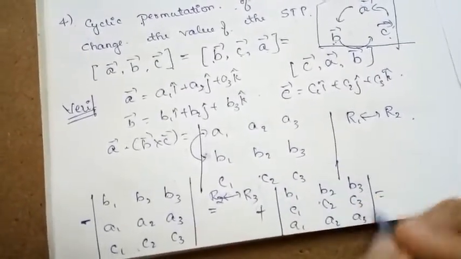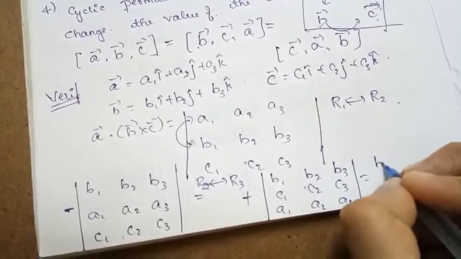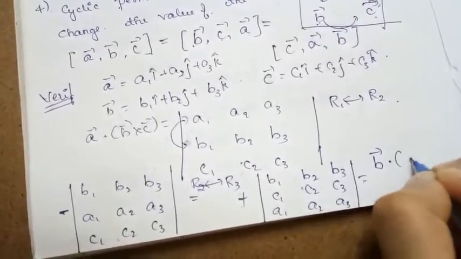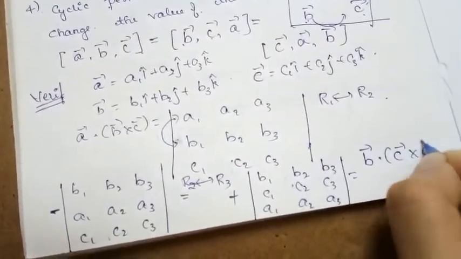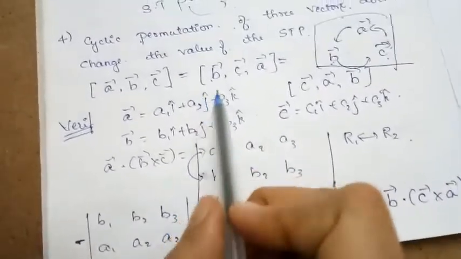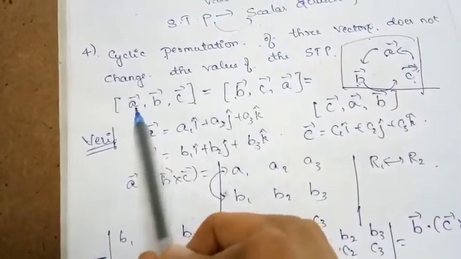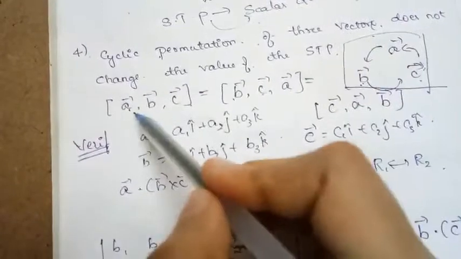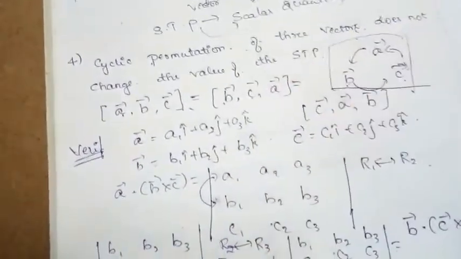So what does this determinant represent? Vector B dot vector C cross vector A, right? Because you can see clearly, when I write in this order, as I said in the beginning, the order of the vectors matters.